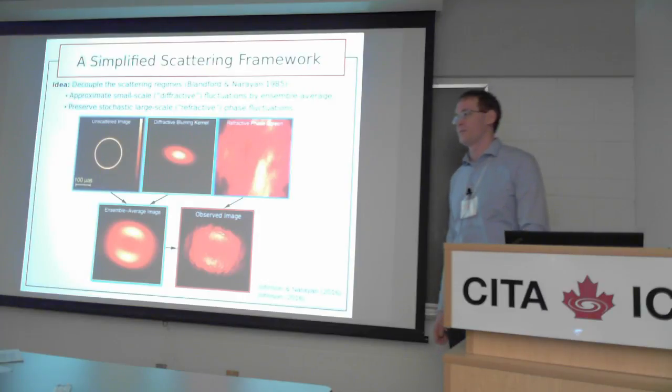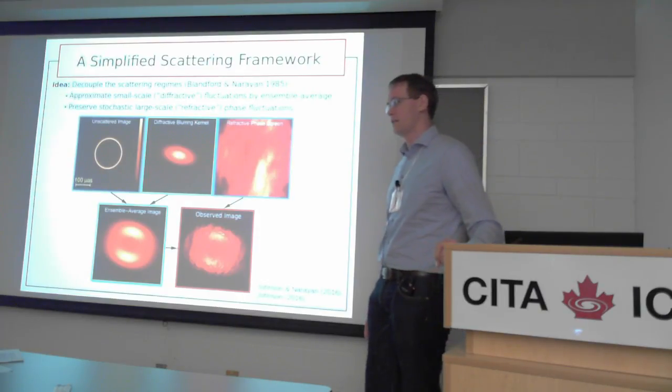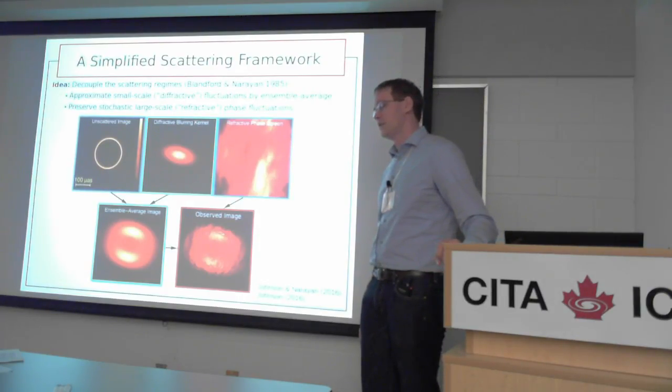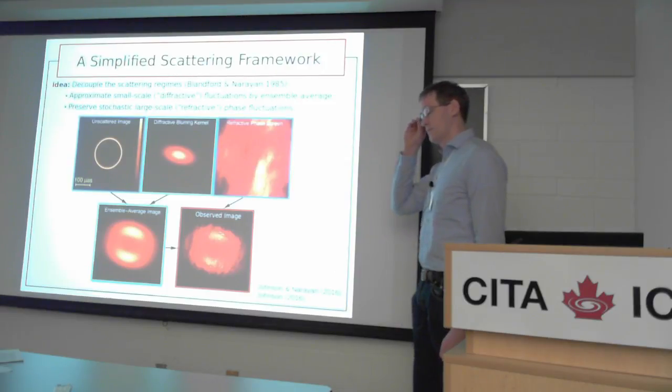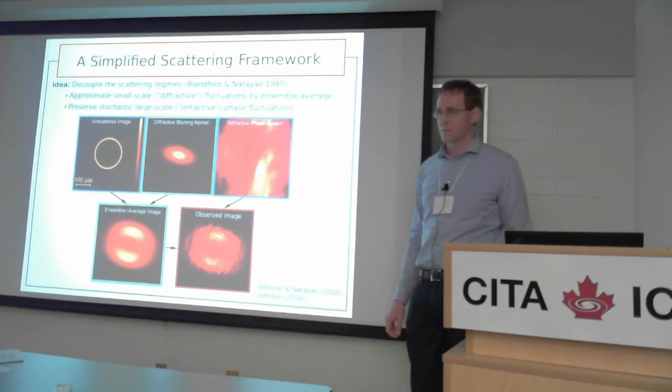So what are the prospects of going directly from the observed, refracted image to the unscattered image? Do you have to use the frequency dependence? You showed us simulations where you put in a particular model.